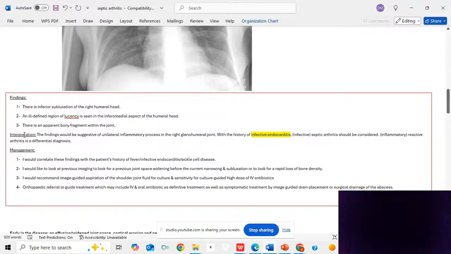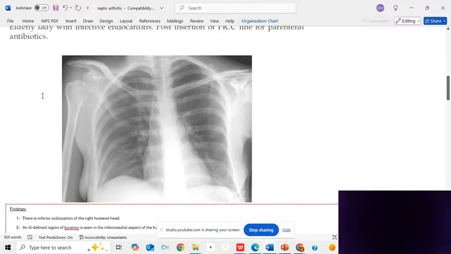Okay, so what is the interpretation here in this case? The findings will be suggestive of a unilateral inflammatory process in the right glenohumeral joint.